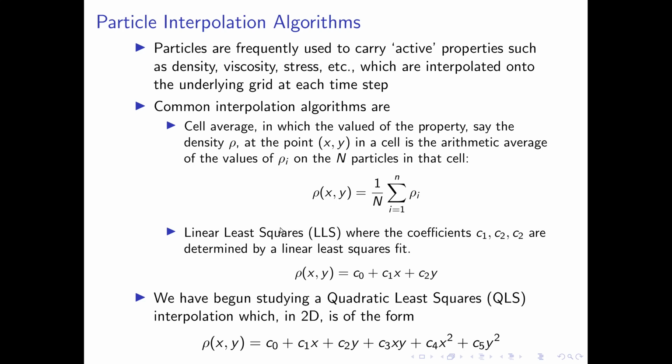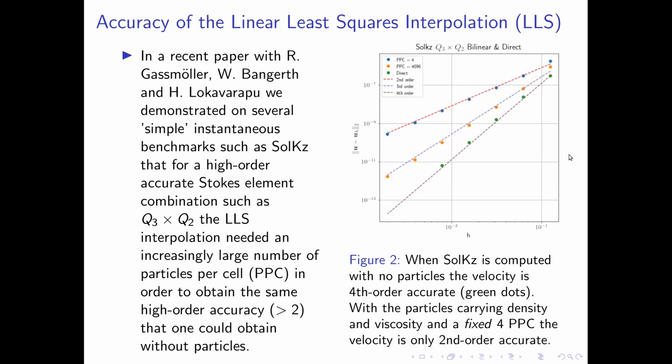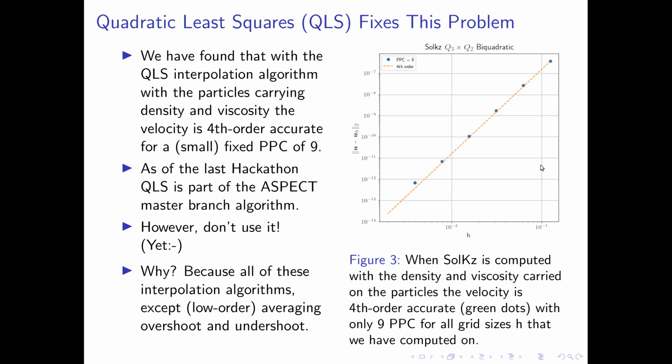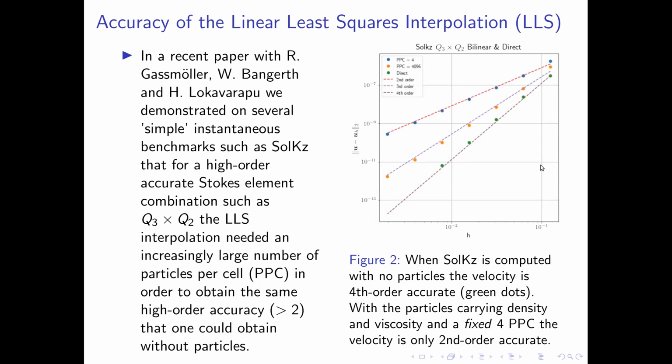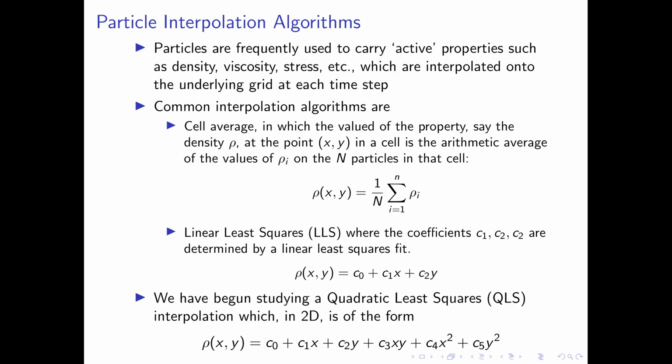We have also worked with least squares. This L stands for linear least squares, and we're using the simple one without the XY term. The least squares part takes the particles' positions and the particle values and computes the coefficients.